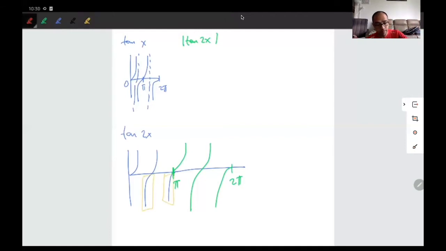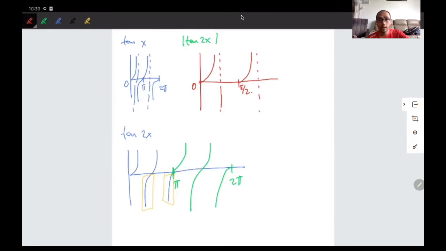I'm going to draw the two asymptotes first. So these two top blue will be here, and here. So this will be pi over 2, this will be 0.